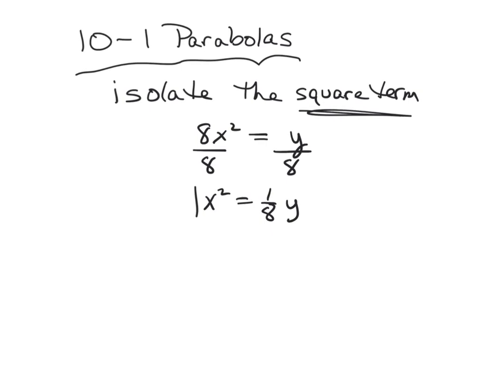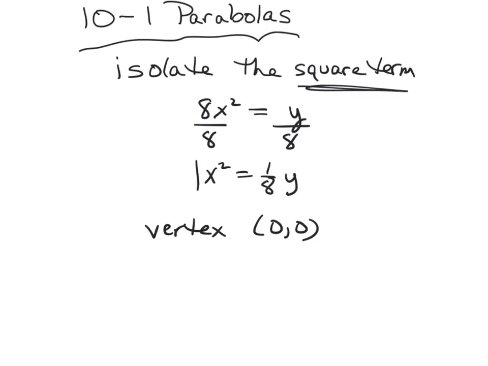Okay, once we do that, then these were the two formats that we saw when our vertex was at 0, 0. The first one was x squared equals 4py. And then the other one was y squared equals 4px. These are the two equations in standard form when your vertex is at 0, 0.